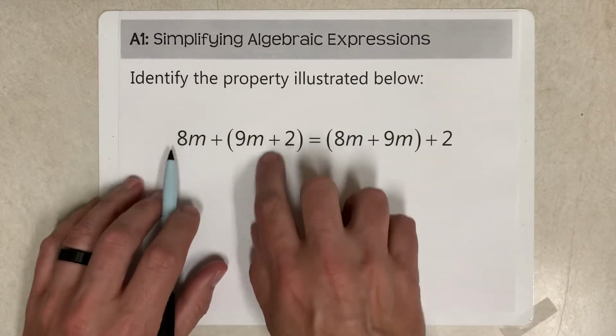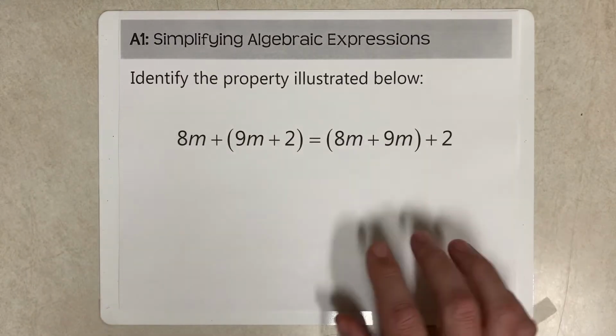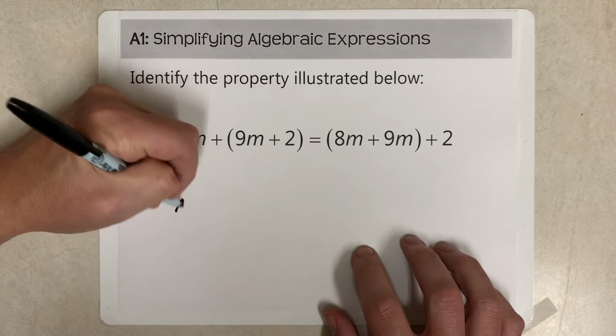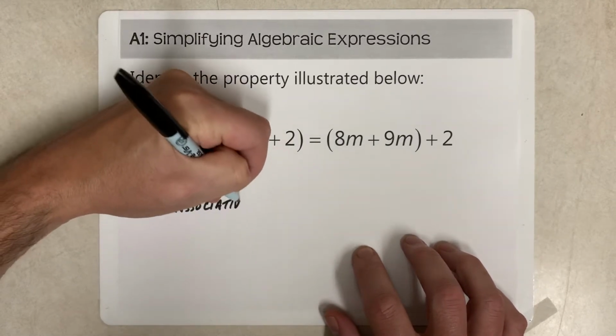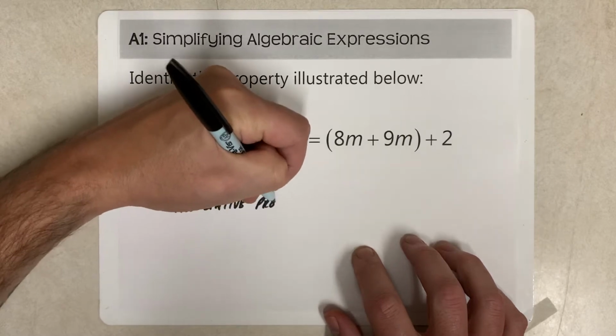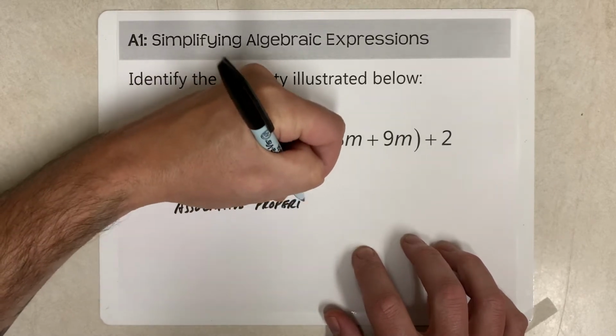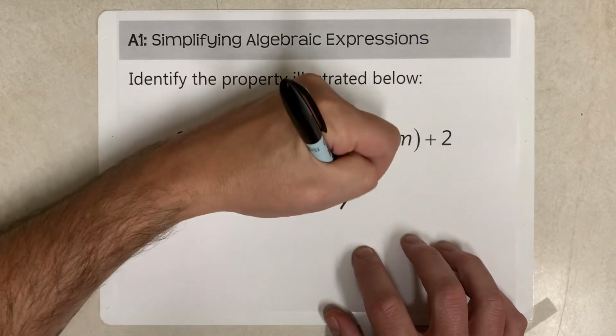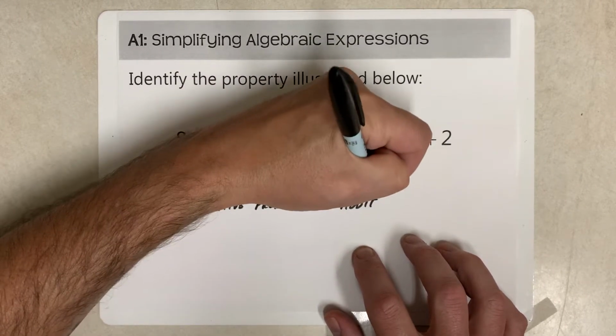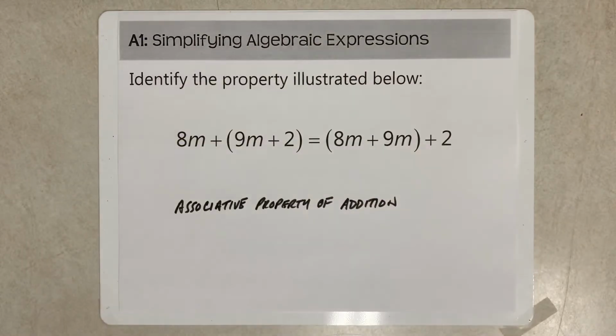So whenever you group them differently like this on both sides, you're talking about the associative property. So this is the associative property of addition.